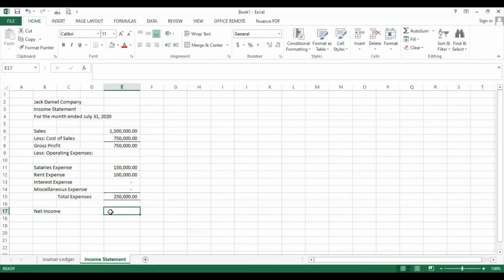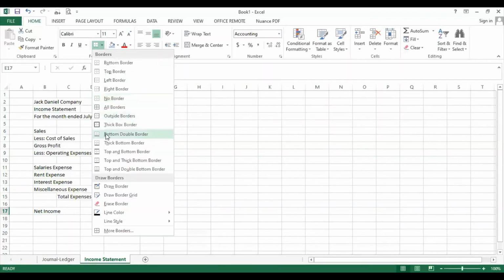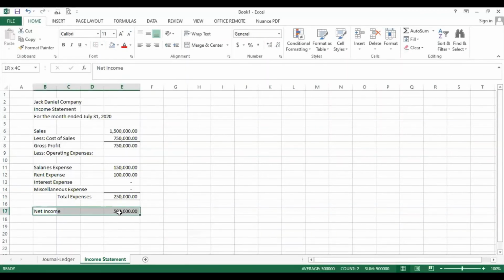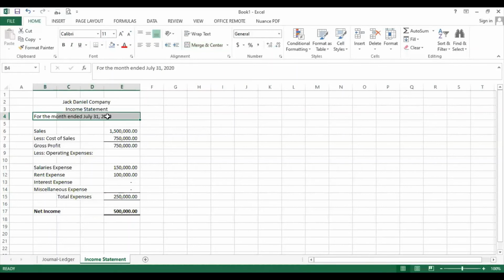So again, net income is gross profit less total operating expenses. So your net income is 500,000. Let's do a double rule on that. Okay. And format bold, center this portion, merge and center.